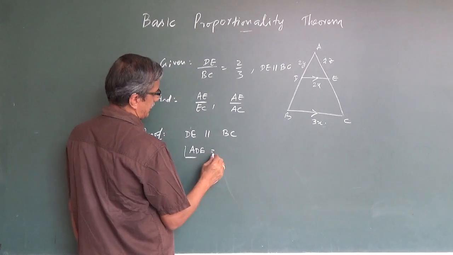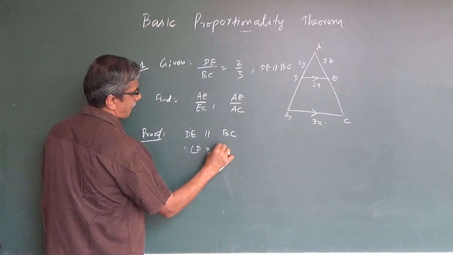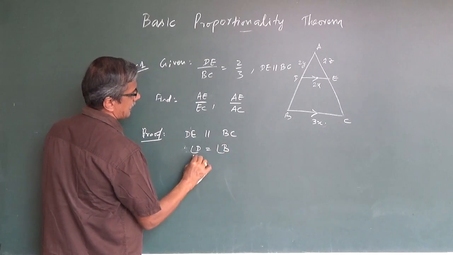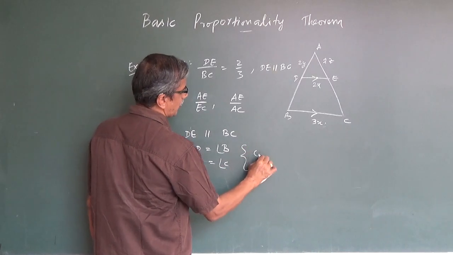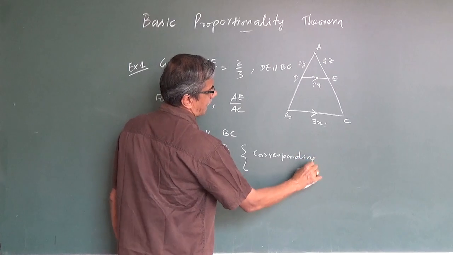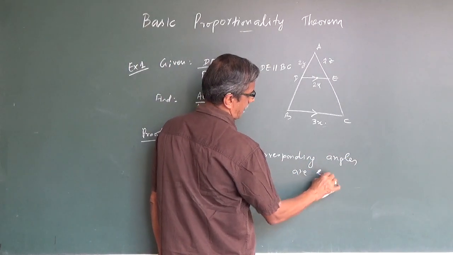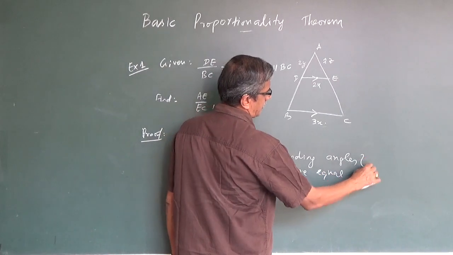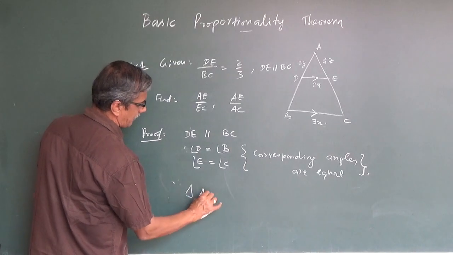Triangle ADE: angle A is common, angle D is equal to angle B, and angle E is equal to angle C. Corresponding angles are equal.